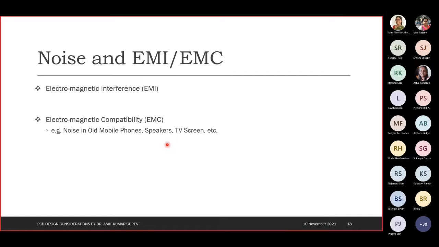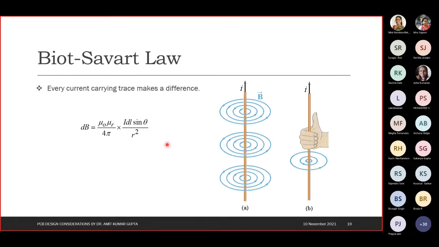So what kind of noises can we observe? Why does that happen? We have all studied the Biot-Savart law. I kept it here just for understanding. Every current-carrying trace or wire makes a difference.